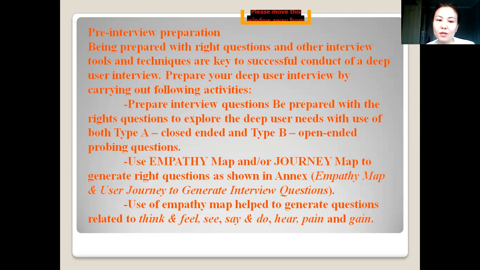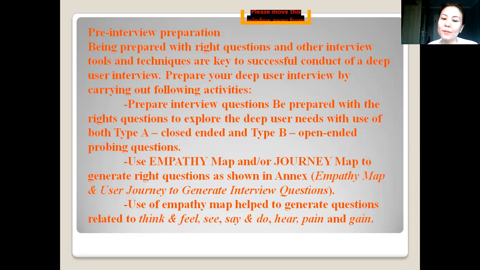Pre-interview preparation: being prepared with the right questions and other interview tools and techniques is key to successful conduct of a deep user interview. Prepare your deep user interview by carrying out the following activities. Prepare interview questions. Be prepared with the right questions to explore the deep user needs, using both type A closed-ended and type B open-ended probing questions.